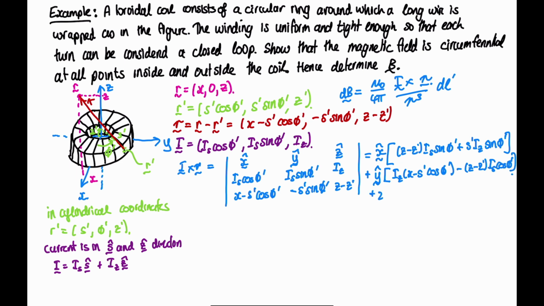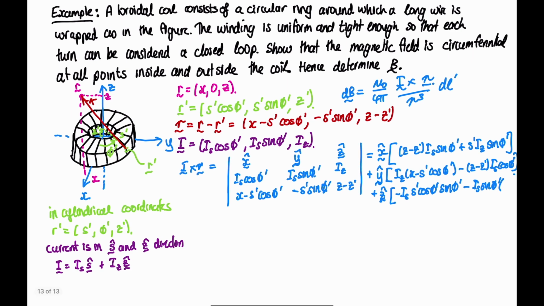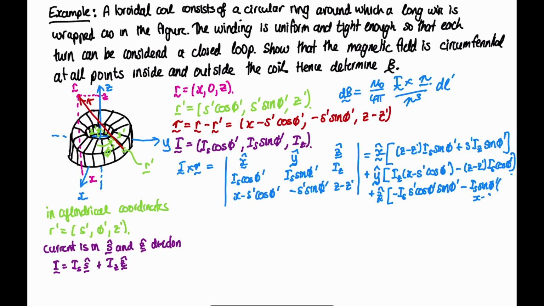And then in the z direction, we have got this times this minus this times this. So this is going to be equal to minus I_S s prime cos phi prime sine phi prime minus I_S sine phi prime times x minus s prime cos phi prime.